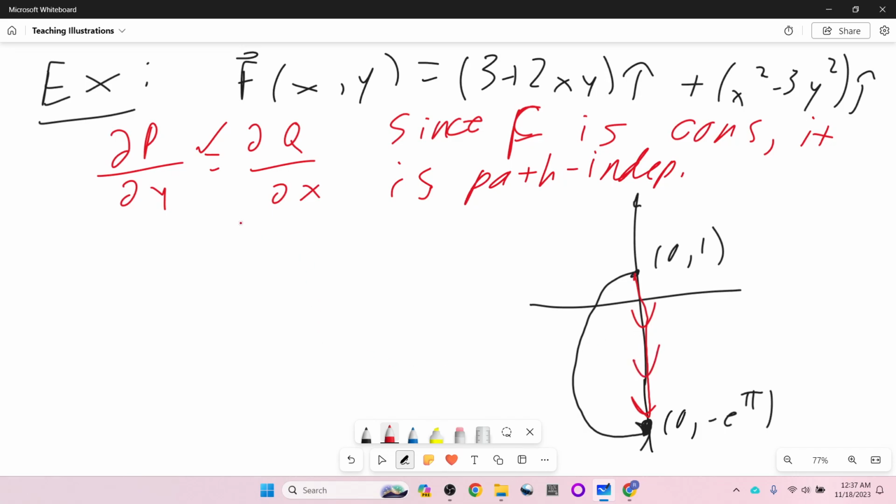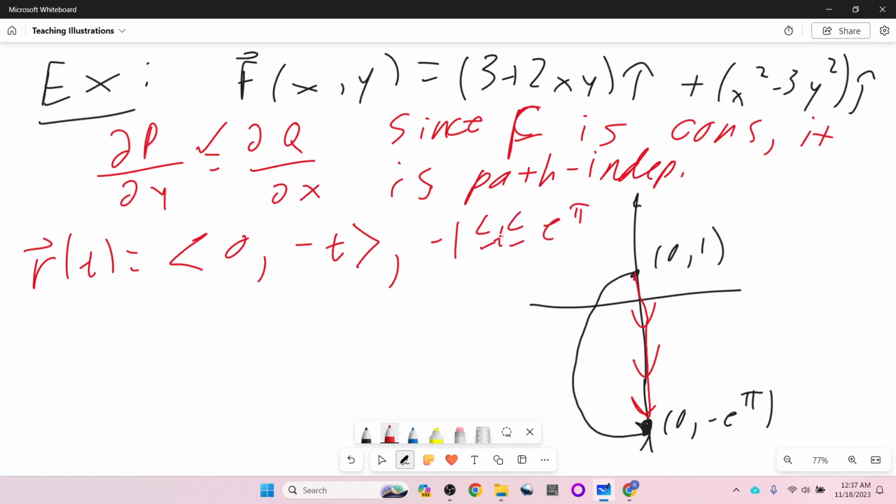Nothing's stopping me. So the parameterization r of t is x is always 0, and y is negative t, where t goes from negative 1 to e to the pi. t always has to increase, so we use negative t. At the beginning, you plug in negative 1, you get 1. Plug in e to the pi, you get negative e to the pi.